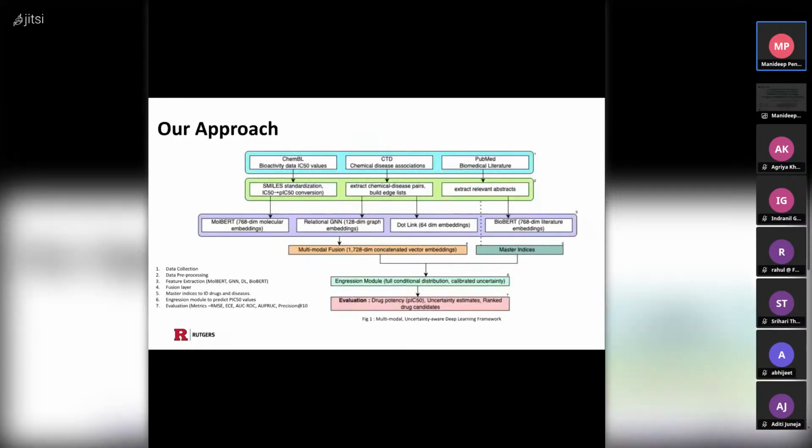So in this day and age of AI, we had a thought: maybe we can use AI to help in this process. So let's say we have 1,000 different drugs that we want to use for a particular disease. If we can use AI to bring that number down to maybe 10 or 15, that would really save a lot of time, because that's the whole point of AI, right?